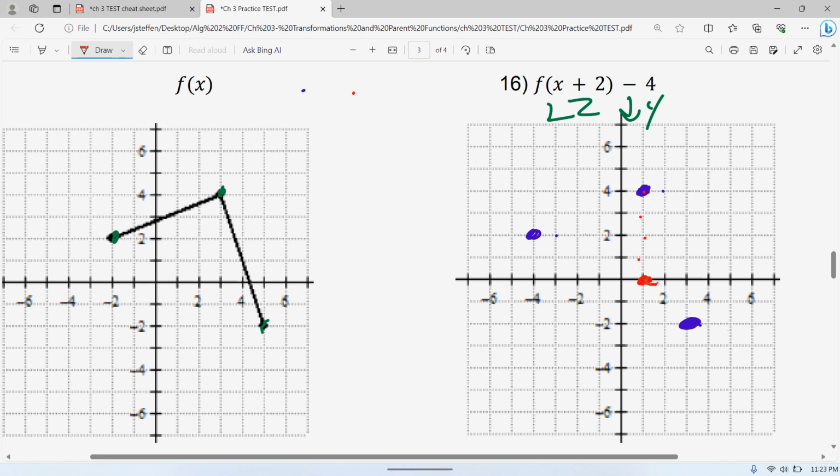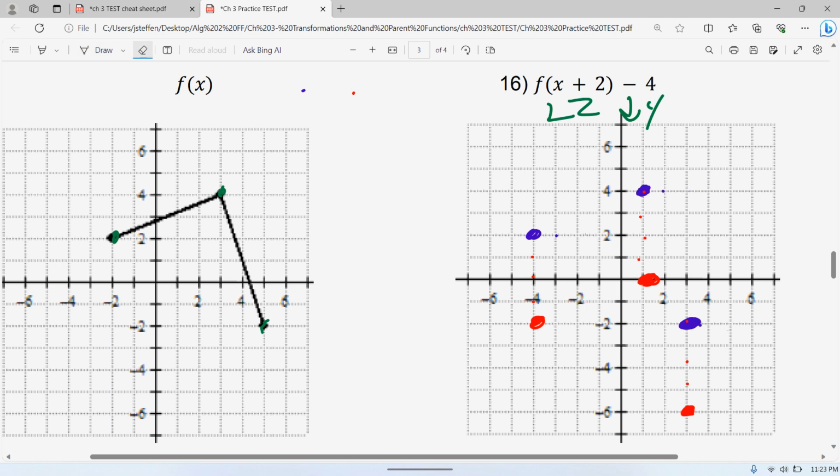So graph these. We're doing the parent function, which for this one is x squared. If you need to use your cheat sheet, by all means you can. Reflect over the x-axis, so that is going to be down here, reflecting all those points, and then erase these.